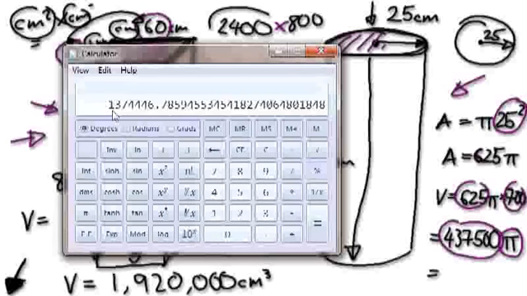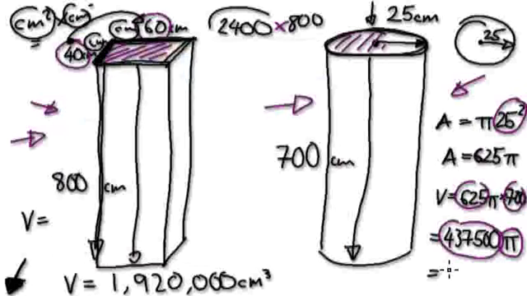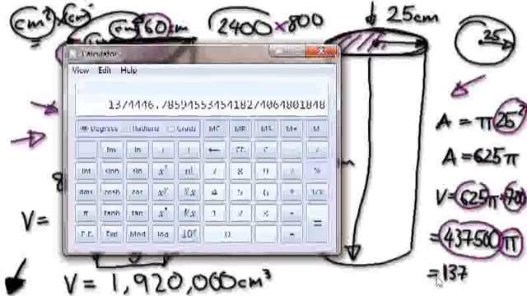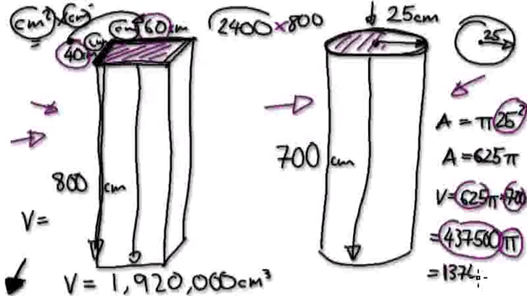I'm going to say 1,374,447 centimeters cubed, because we're working in centimeters, and it's volume, so it's centimeters cubed.